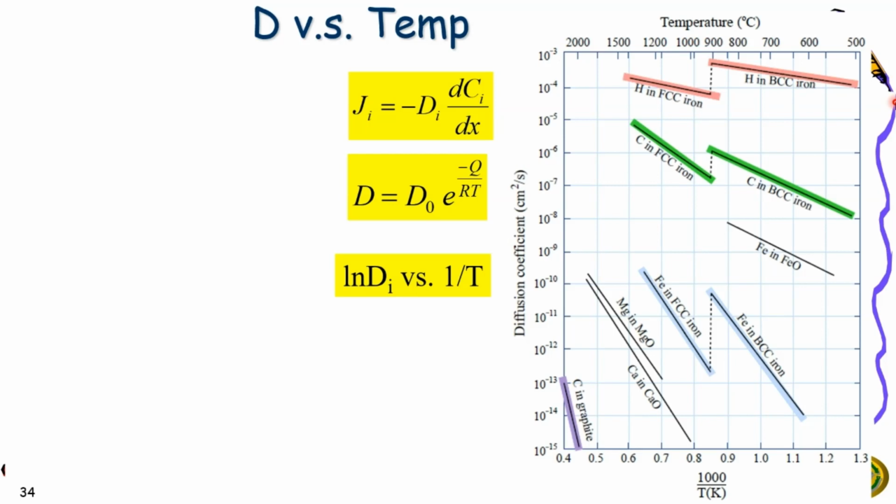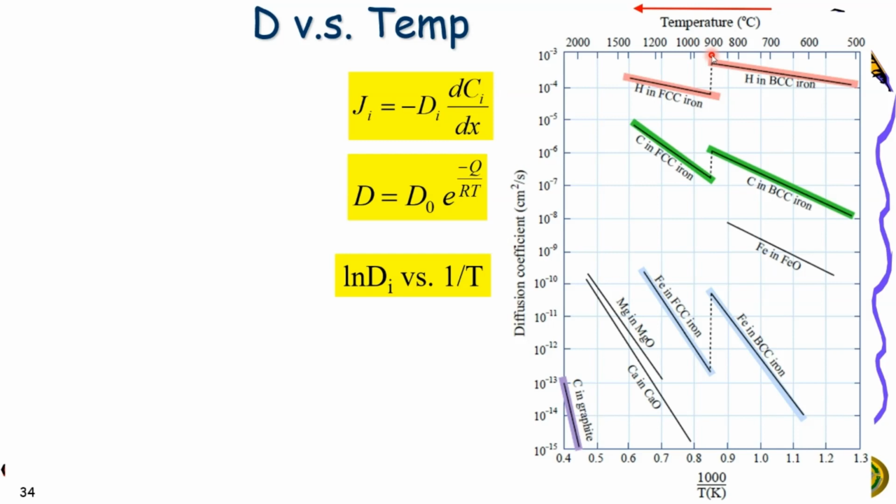Let's first look at temperature increasing from the right to the left. As this increases, diffusivity increases. That means diffusion increases. If this is higher, that means the atoms go faster. So if we increase the temperature, diffusivity increases, meaning diffusion goes fast.